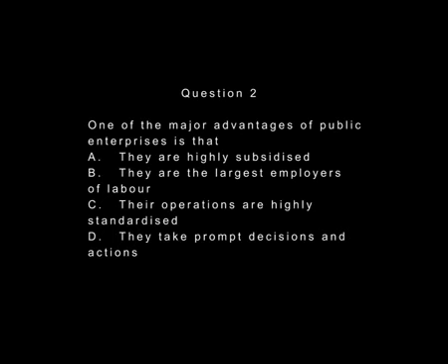Question 2. One of the major advantages of public enterprises is that A. They are highly subsidized. B. They are the largest employer of labor. C. Their operations are highly standardized. D. They take prompt decision and action. The right answer is A. They are highly subsidized.